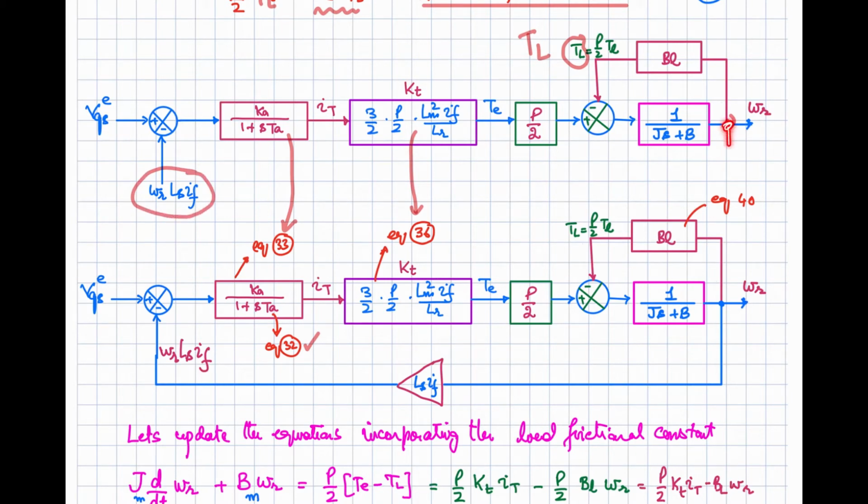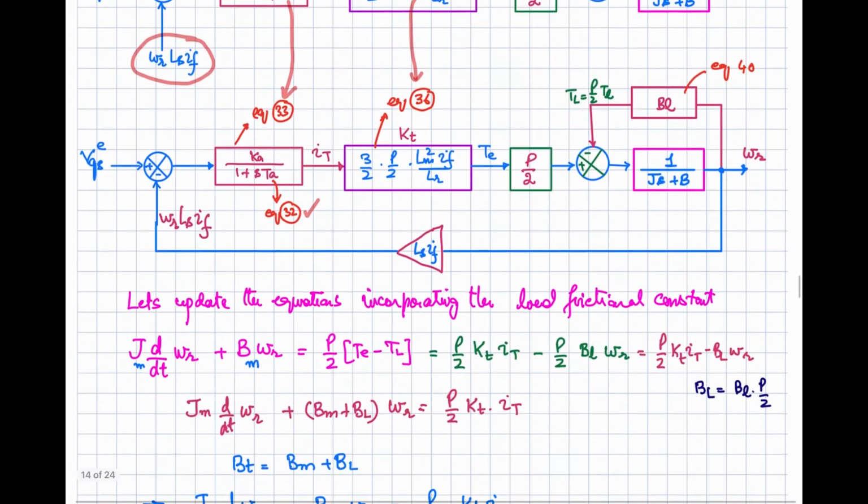So we have the omega r over here, so we can represent it in the form of a block like that: Ls into If will give you this term. So you can see over here, we are getting this omega r Ls into If from the omega r through this gain block. So there is the inherent feedback of the omega r through this gain, that is basically the back EMF of your machine, you can say, along the Q axis.